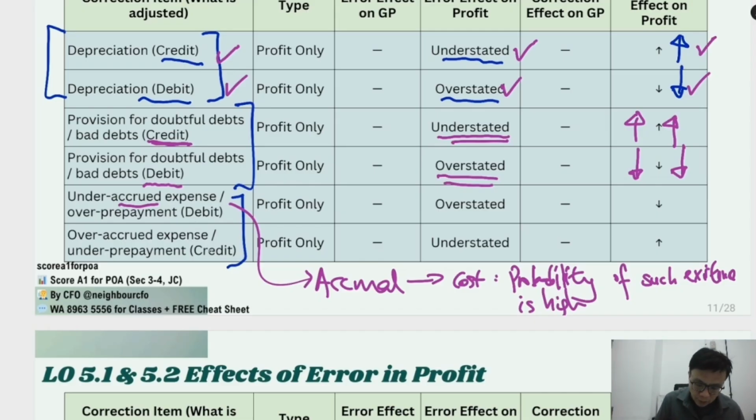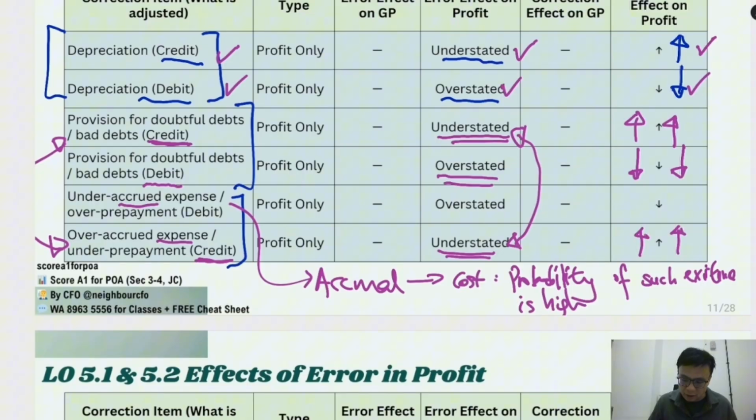So when you credit, it is as good as saying that the expense is overstated, therefore you credit. And when you do a crediting, once again, you can see that intuitively it is about the same situation. The error effect on the profit is understated. And because of your adjustment, this is where you see that the effect on the profit goes up.